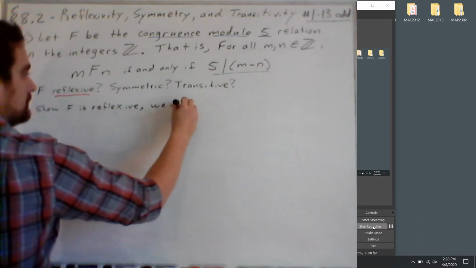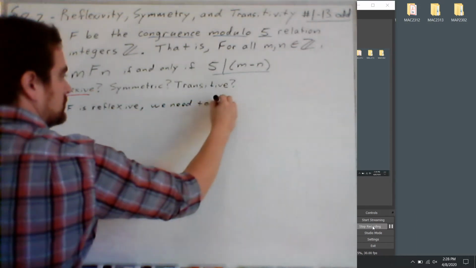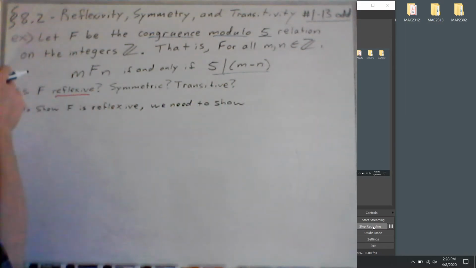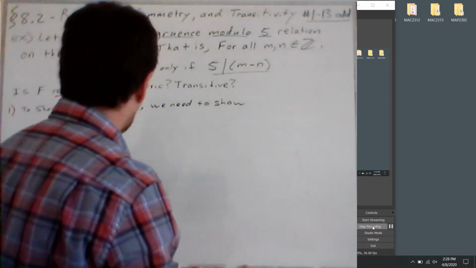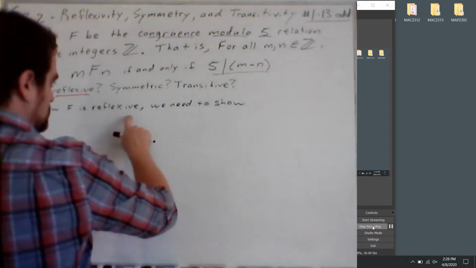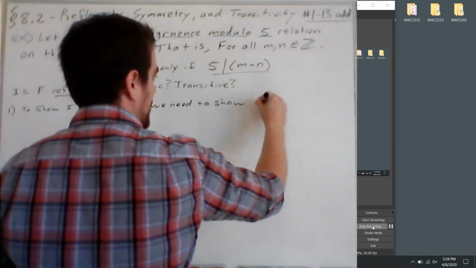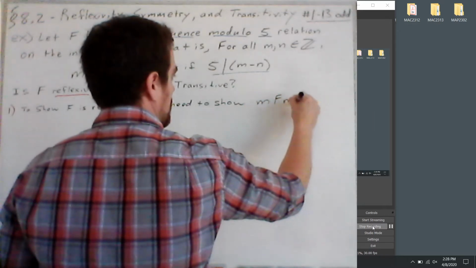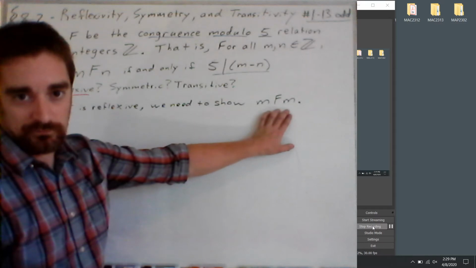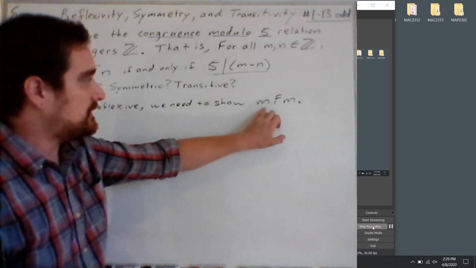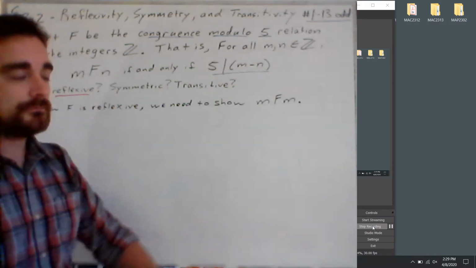We need to show, now you don't have to go writing me a formal proof, but I just want to see some good logical thought of this is why. So to show f is reflexive, we need to show m, f, m. But remember, by definition, this is what the reflexive property asks for: each element related to itself.